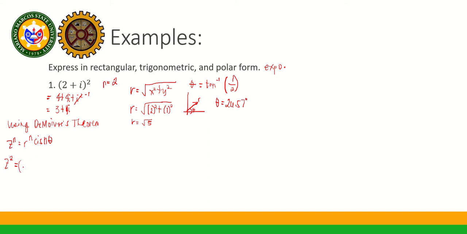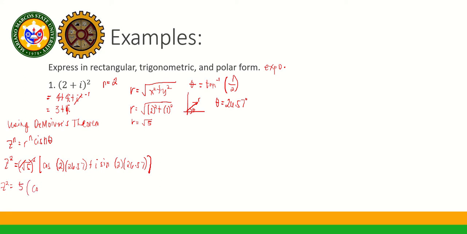So, ito ngayon yung isa-substitute natin dito sa part na to get z squared. So, our r is square root of 5 quantity squared, and then cosine 2 times 26.57 plus i sine 2 times 26.57. So, z squared is equal to, this will cancel, and then we are left with 5.